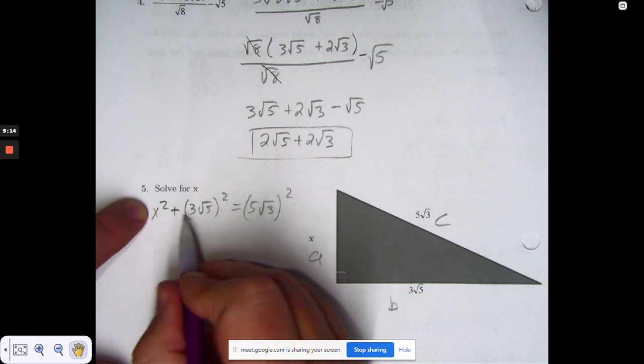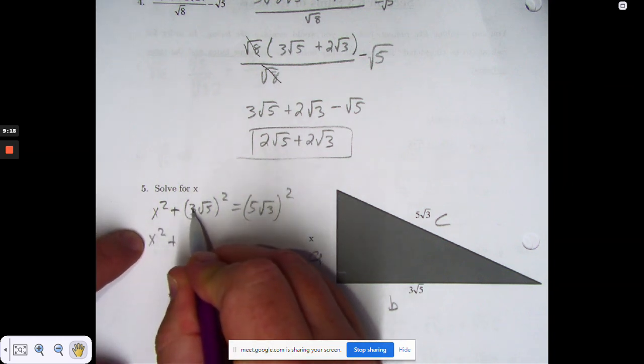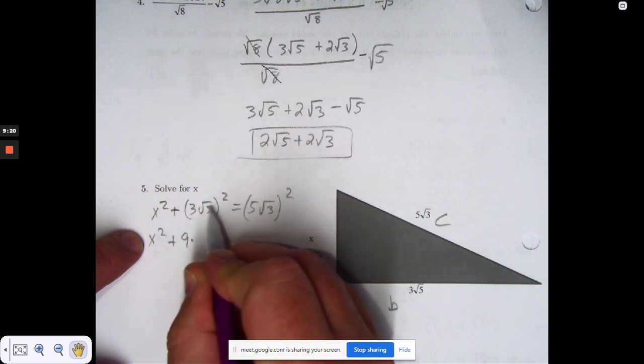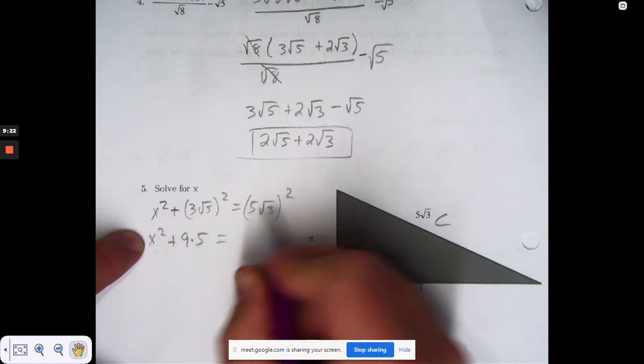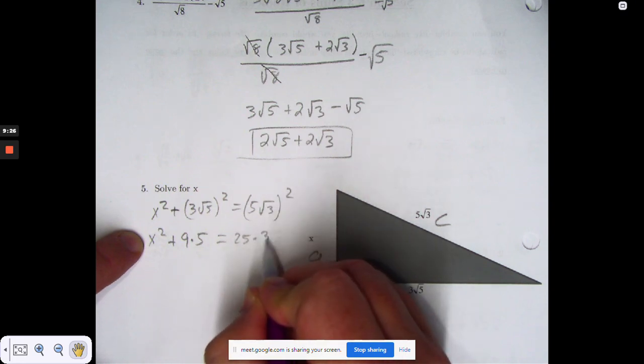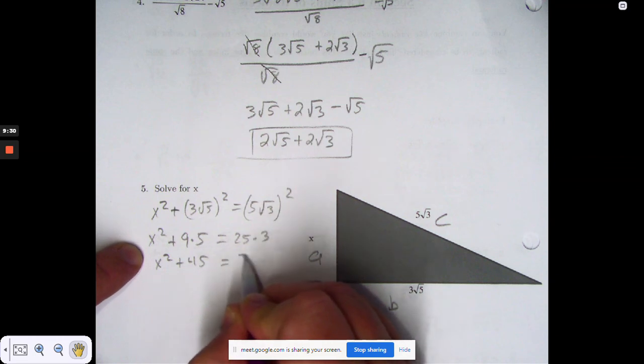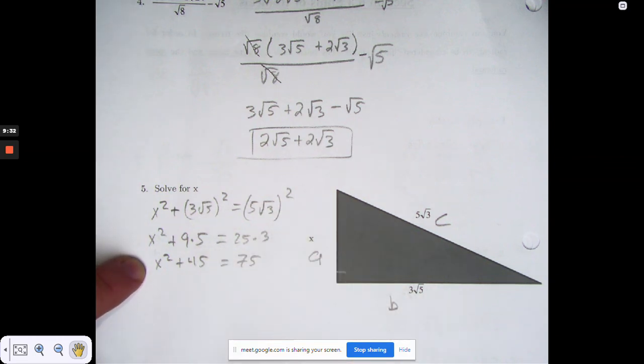And because this is multiplication on the inside, this would be x squared plus, and then 3 squared is 9 times 5. And then square the 5 is 25, square root 3 squared is 3. So x squared plus 45 equals 75.